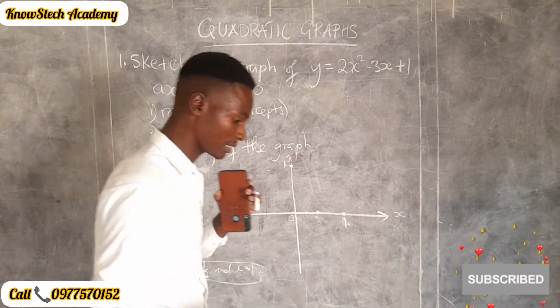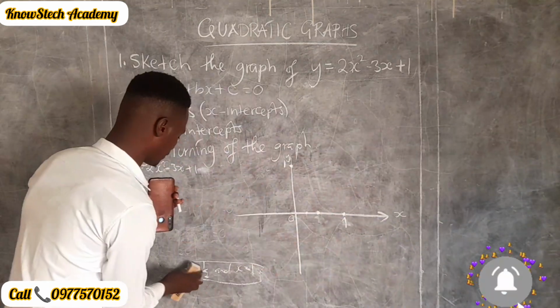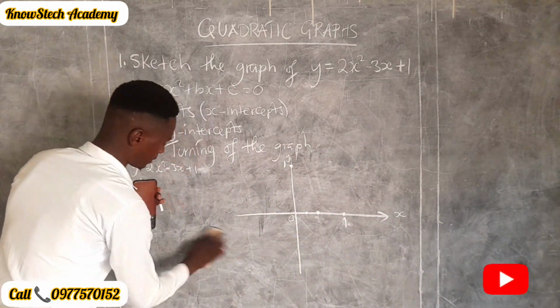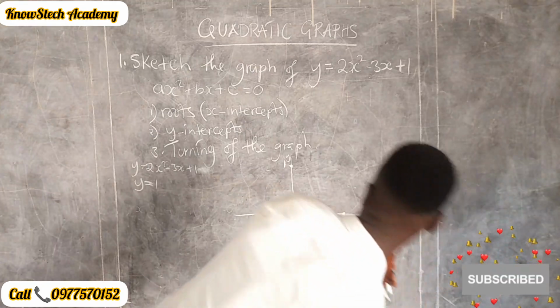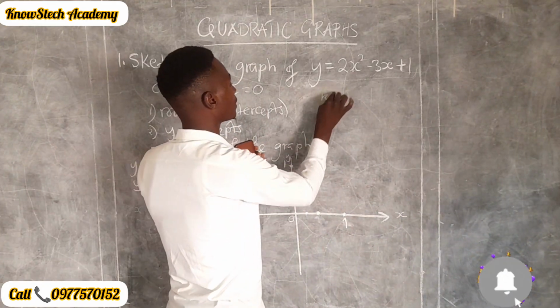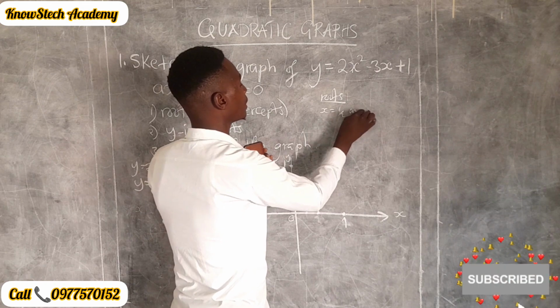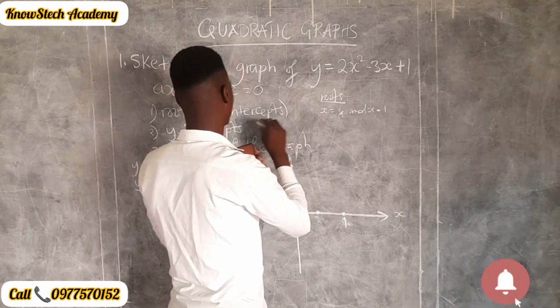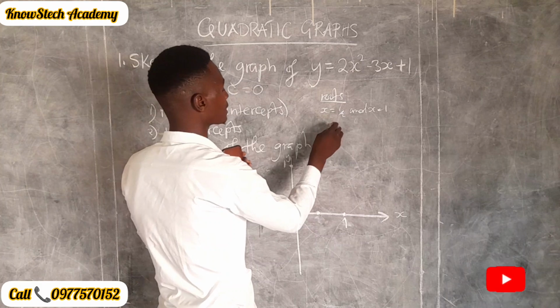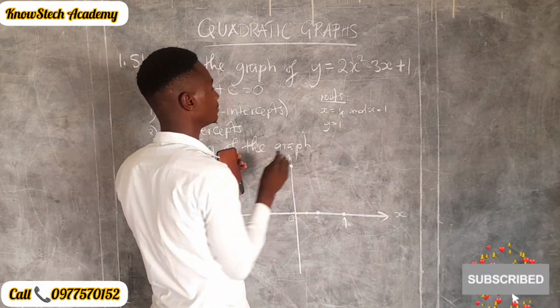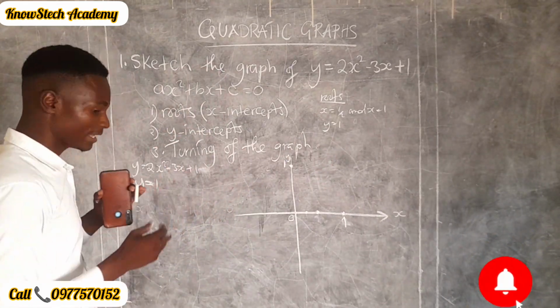All right, the turning point. So we have the roots. Let me just write it from here. We have x is equal to 1 over 2 and x is equal to 1. We also have the y-intercept as y is equal to 1.